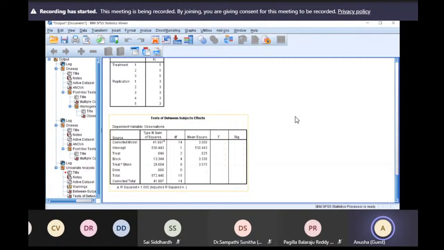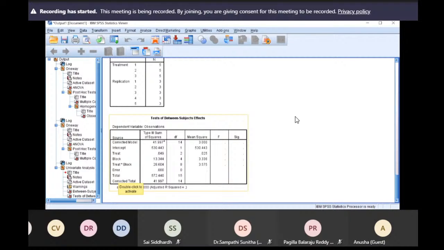So we are mainly requiring the treatment, block, and error, and total. Okay. And the interaction effect, we have to delete actually. So no need to go for the interaction, but automatically it is selected. So you can hide that part. Then only you are getting it, you check it once here.